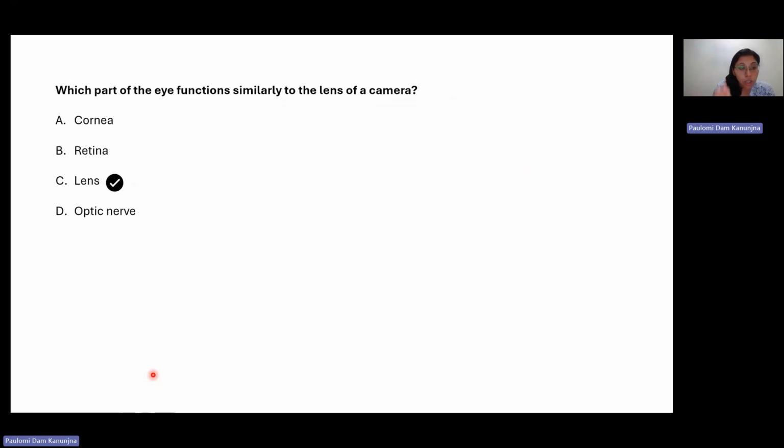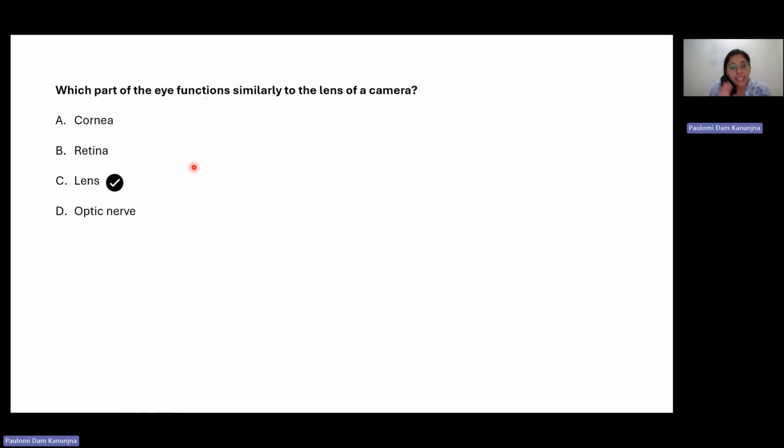Right. Now, what does the cornea do? The cornea, as we know, helps in refracting, or bending, the light, while the lens of the camera fine tunes the focus. So the cornea bends the light, and the lens helps in focusing.